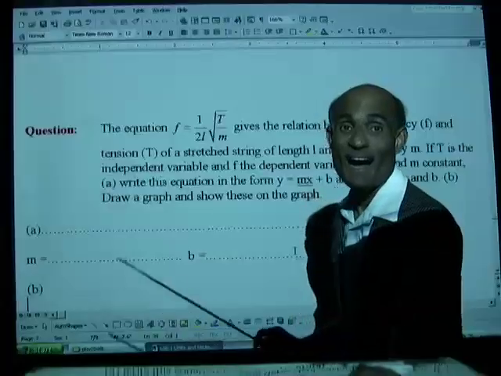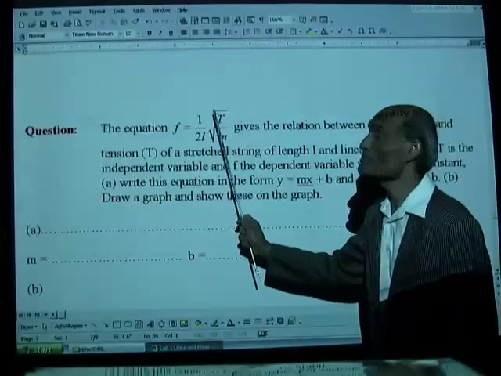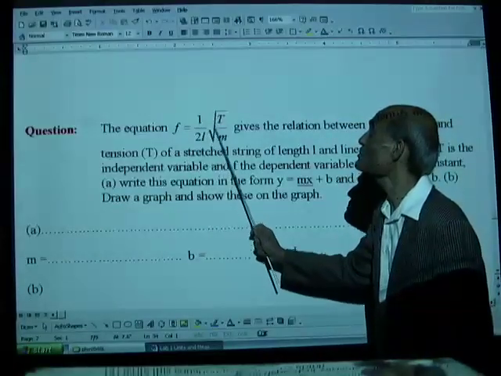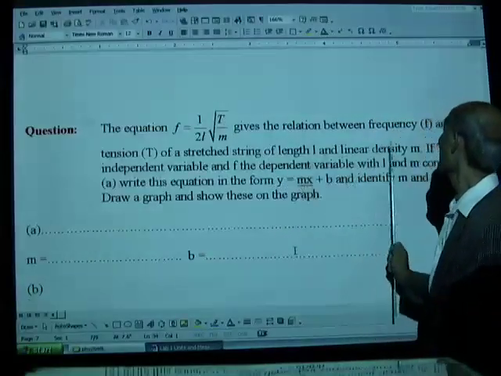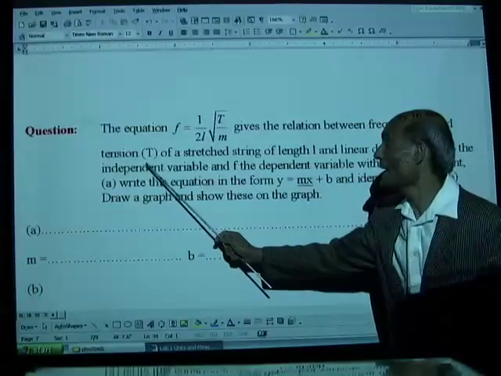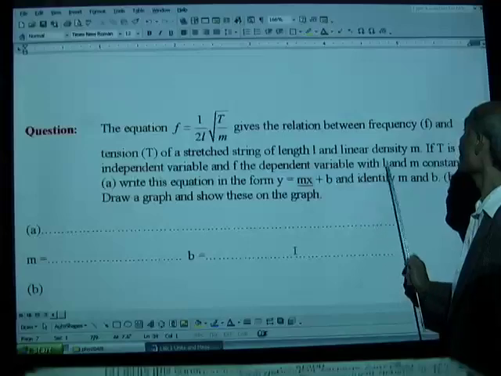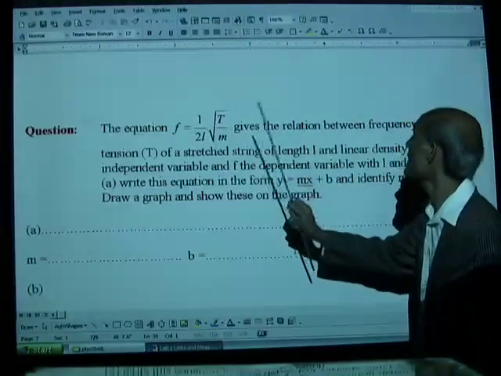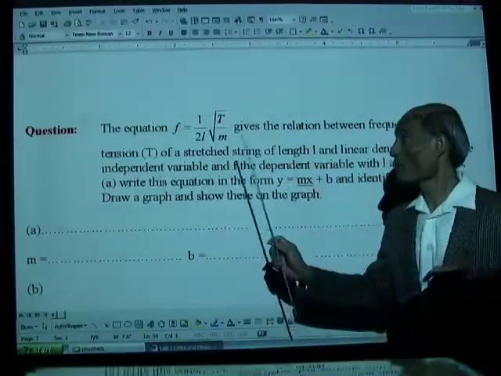Okay, well, I have a similar equation here. If f equal to 1 over 2L square root of t over m, where t is the independent variable, watch that, and f is the dependent variable with L and M constants. So this time you watch the variables.